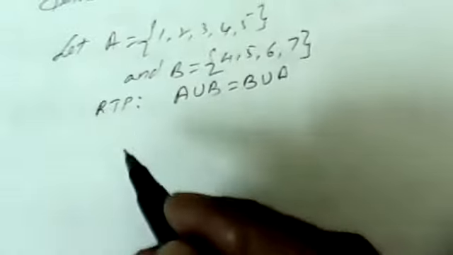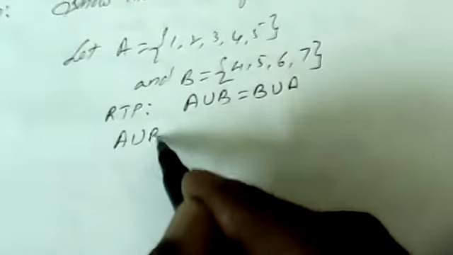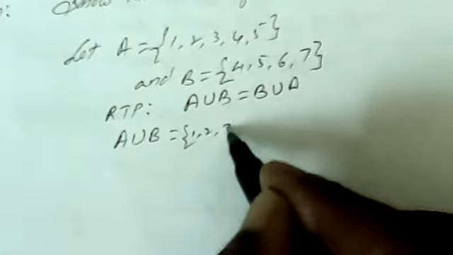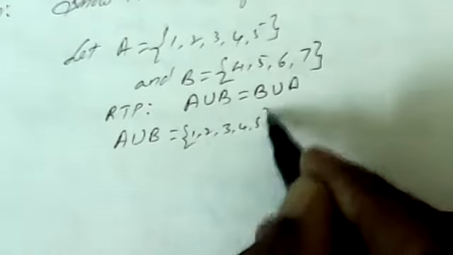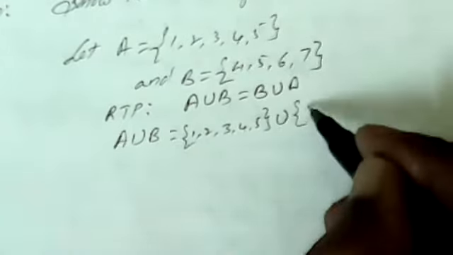So find out A union B. A union B is equal to set A, 1, 2, 3, 4, 5, union 4, 5, 6, 7.